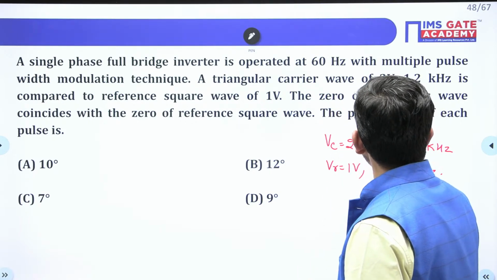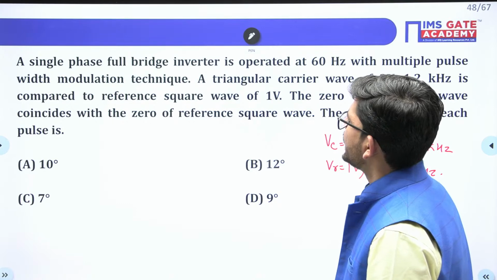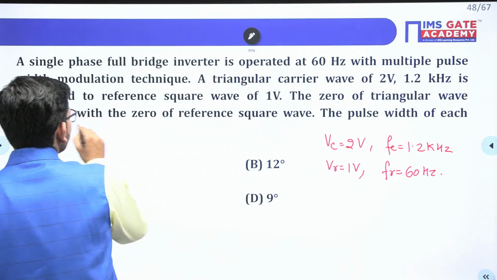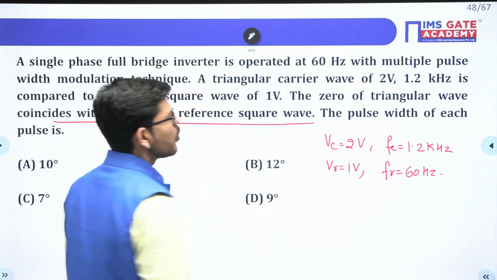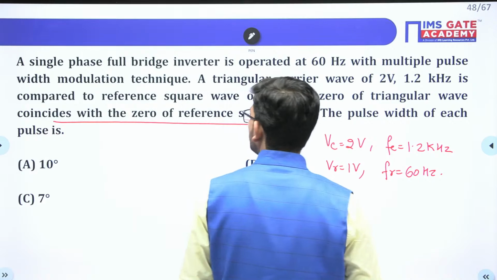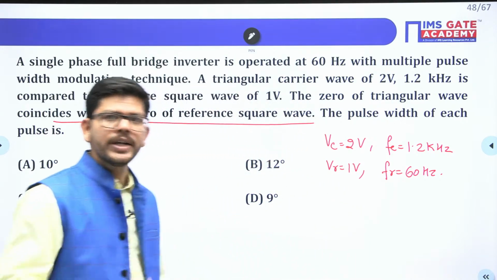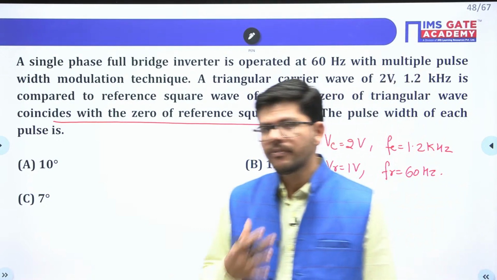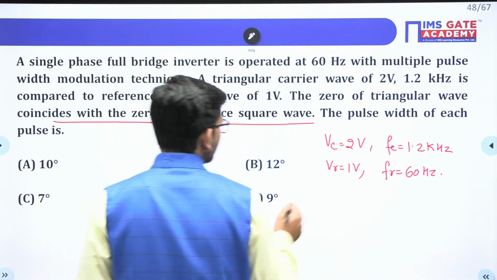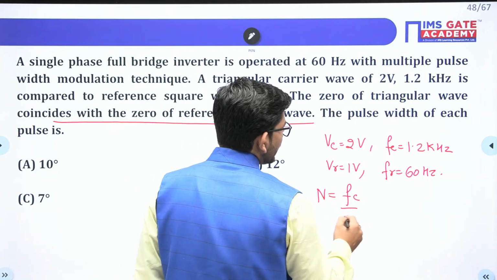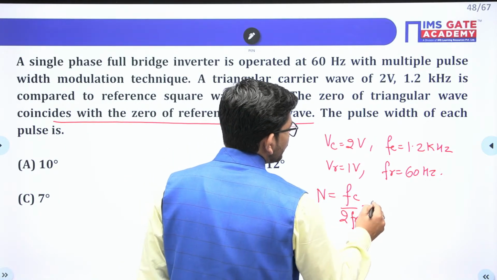The zero of triangular wave coincides with the zero of reference wave. When zero of reference and carrier are coinciding with each other, the number of pulses fed per half cycle is Fc upon 2Fr minus 1.